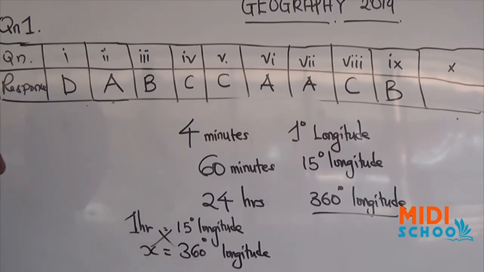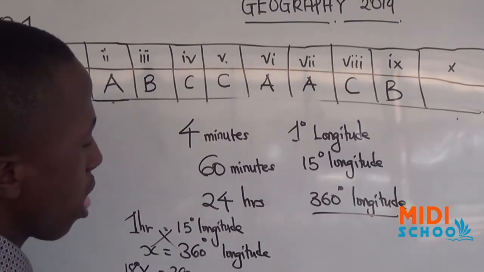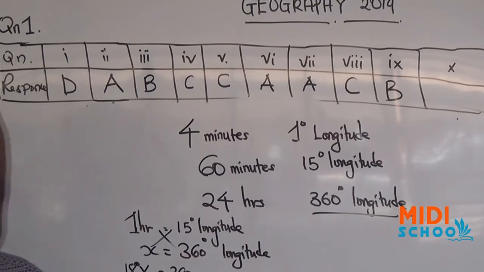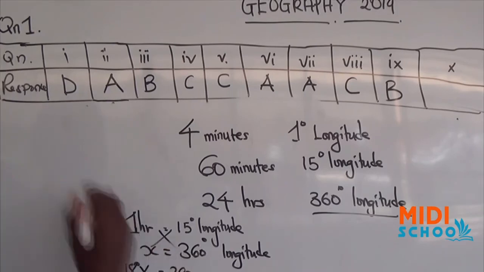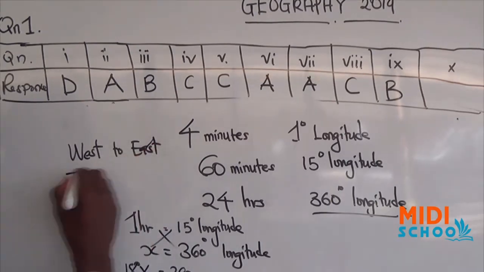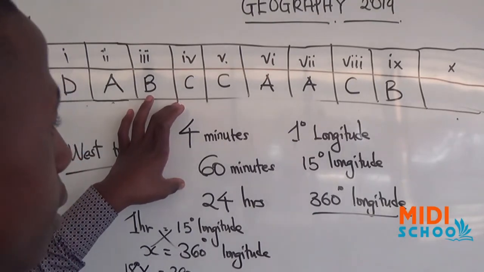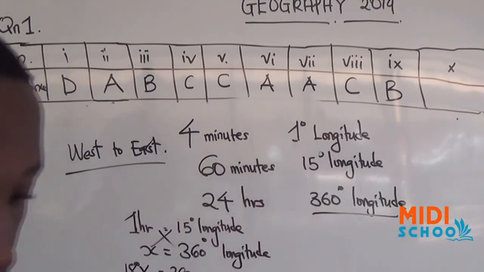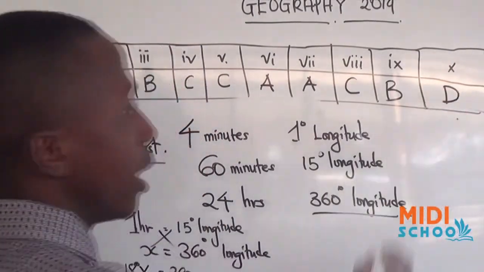If we cross multiply here and divide both sides, our x will be 24 hours. So from this one you can witness that due to axis rotation from the direction of west to east is the one that results in the increase of 4 minutes per 1 degree of longitude, because of the rotation. So our answer here will be D.